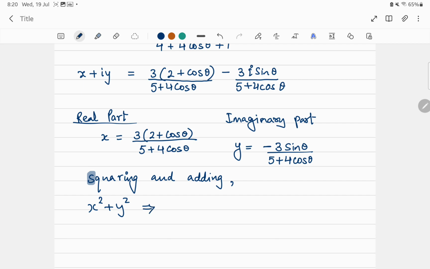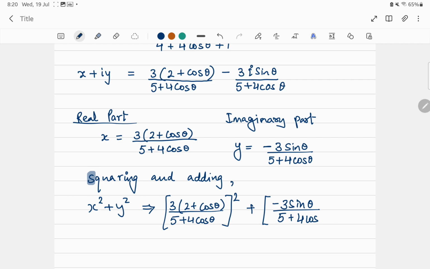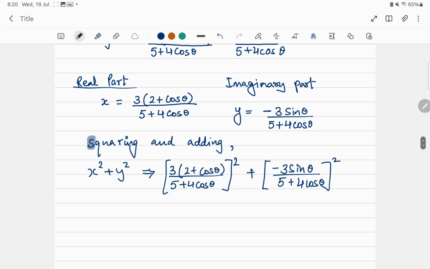Okay, so that is now going to be (3(2 + cos θ) over (5 + 4 cos θ)) squared plus (−3 sin θ over (5 + 4 cos θ)) squared.